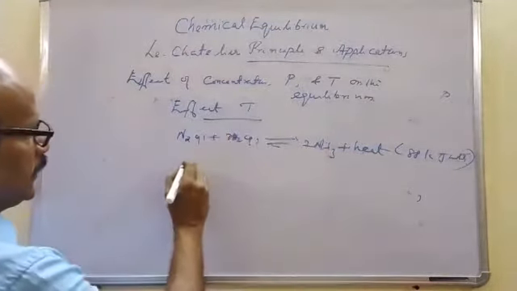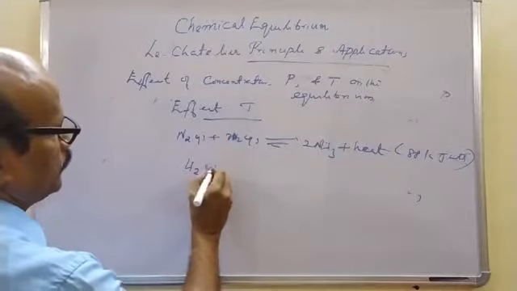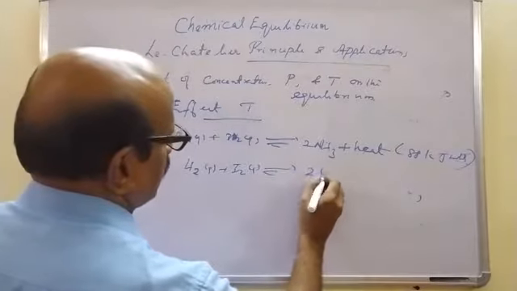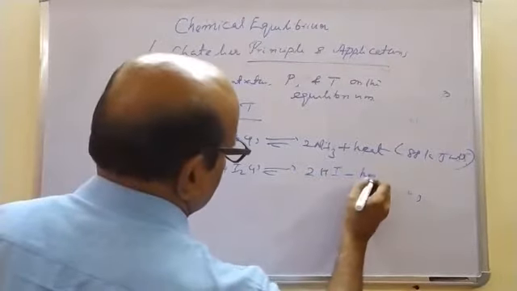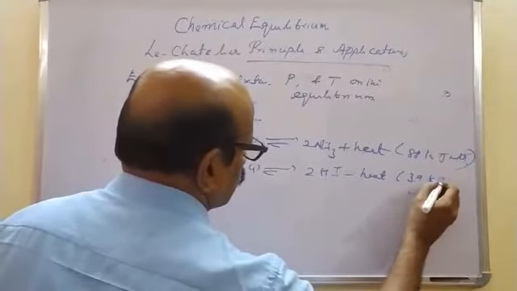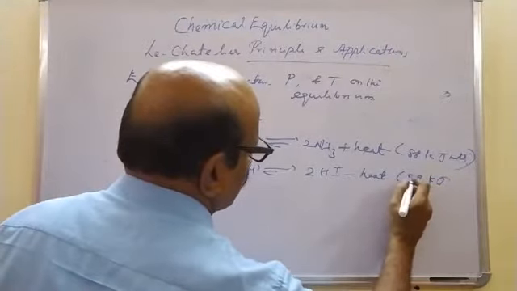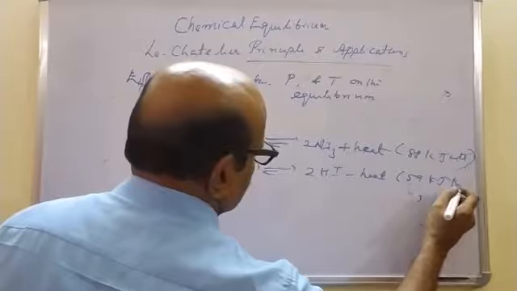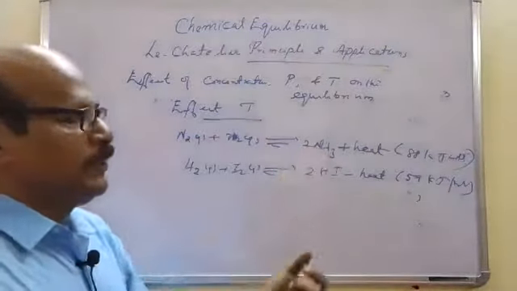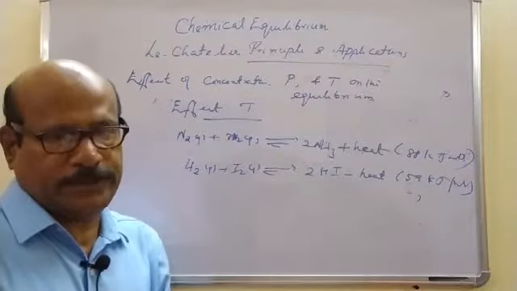Then H2 plus I2 gas giving 2HI. Here forward reaction is endothermic, നമുക്ക് explain ചെയ്യാം. I think 39 kilojoule per mole ആണ്. So for the case, the production of ammonia, the forward reaction is exothermic.